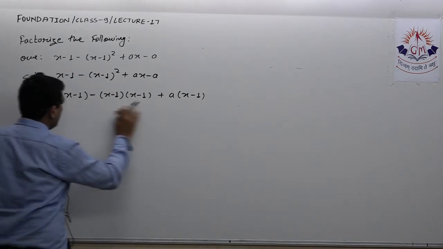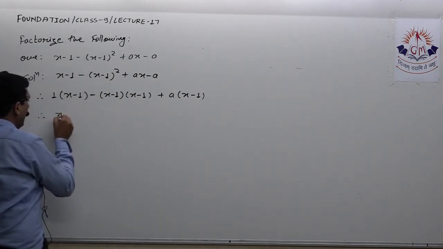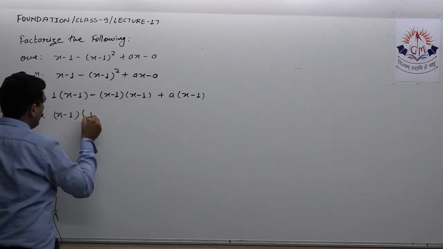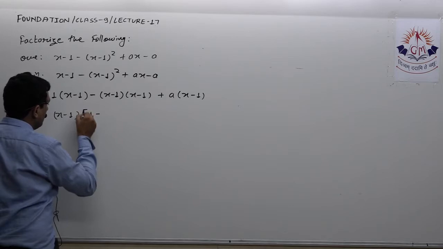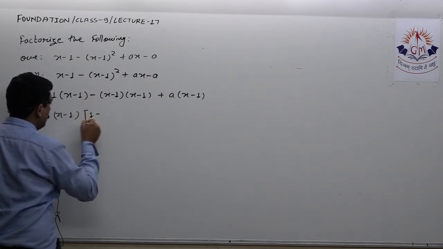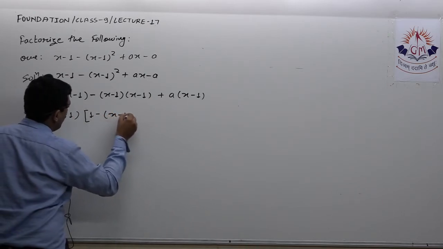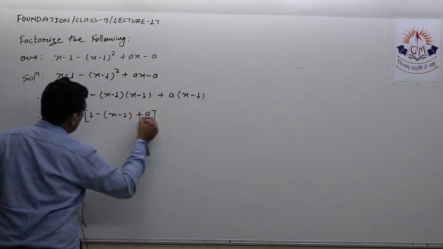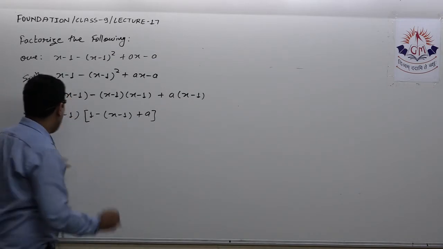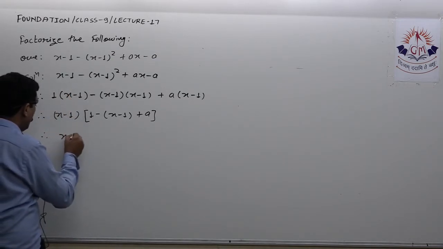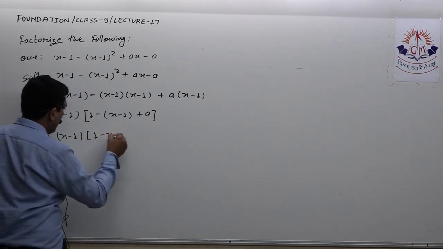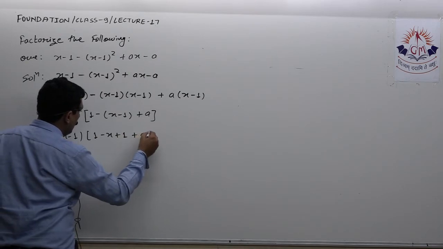Now from these three terms you can see x minus 1 can be taken common. So what I will be left with is 1 minus (x minus 1) plus a. Here outside there is a minus sign, so now I will open the bracket. So I get (x minus 1)(1 minus x plus 1 plus a).